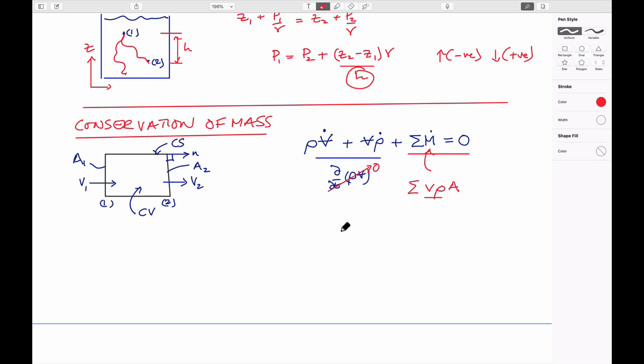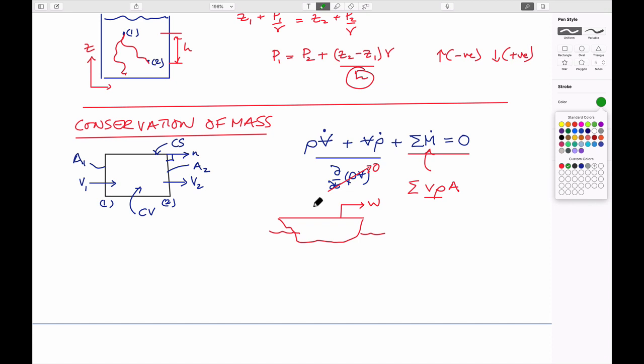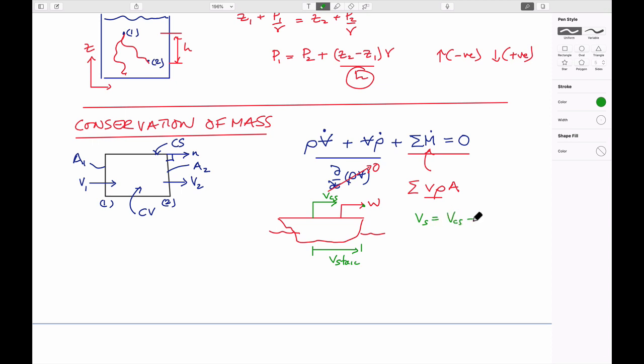The control volumes we define are in this generic way that we've talked about, a boat moving, where you have, for instance, someone shooting a velocity of fluid off the ship, the boat itself moving at some rate for the velocity of the control surface, and relative to someone who's sitting on the dock, the velocity of the jet coming out of here, on a boat moving at this velocity, is just given by v static equals the velocity of the control surface plus the velocity of the fluid coming out of the hose at the front.